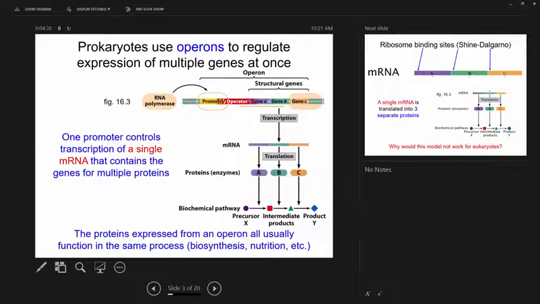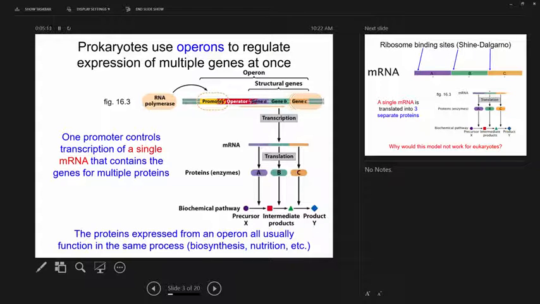So why would you want to do this? In many cases, the proteins that are expressed there are for the same process. So we're going to talk about the lac operon. Sorry, if you've had this in microbiology, you should know it, then you'll get it again. That's for metabolism of lactose, a sugar. Also, many biosynthetic pathways, for example manufacturing a certain amino acid, like the arginine pathway that we talked about.